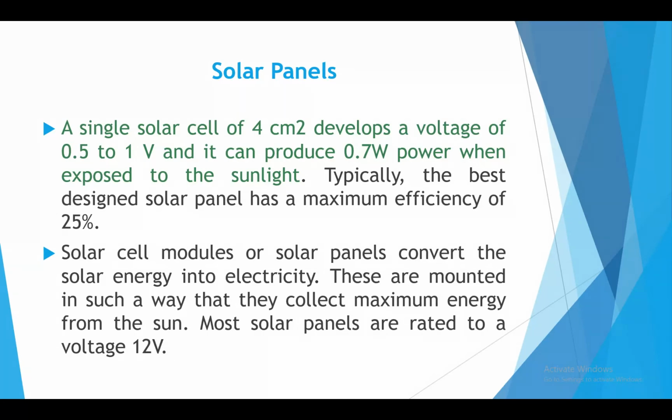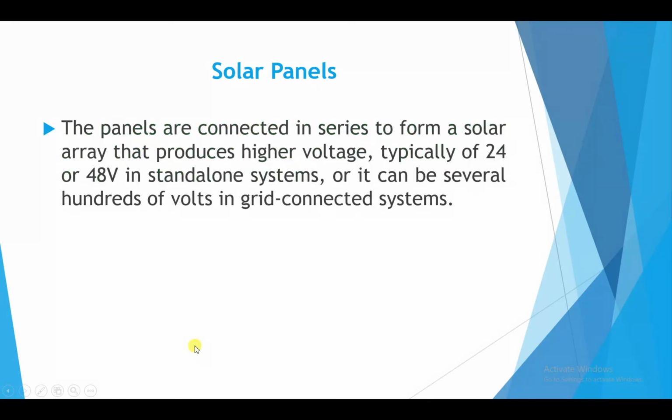So a solar cell module or solar panel converts the solar energy into electricity. These are mounted in such a way that they collect maximum energy from the sun, and mostly solar panels are rated at a voltage of 12 volt.